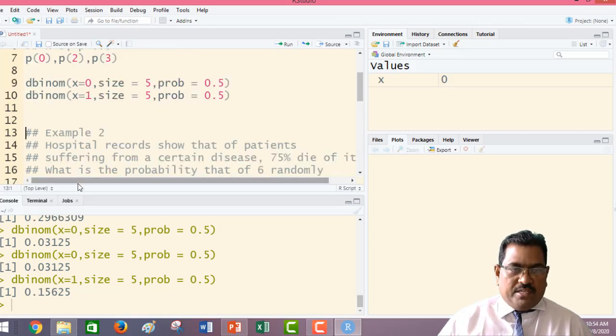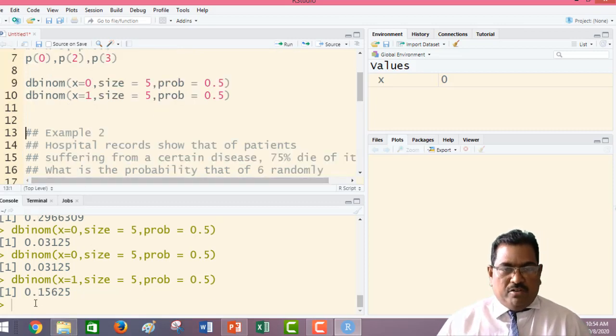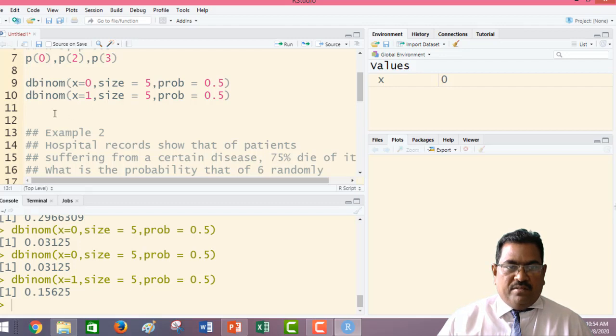Press Ctrl Enter, you get the result 0.15625, 15%. It means you will get 1 head 15% of the times.